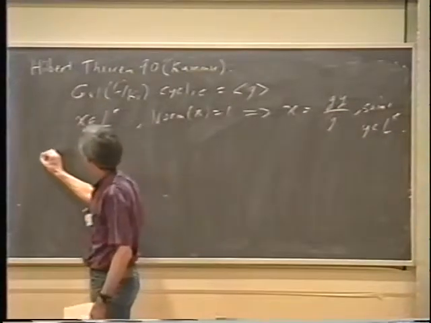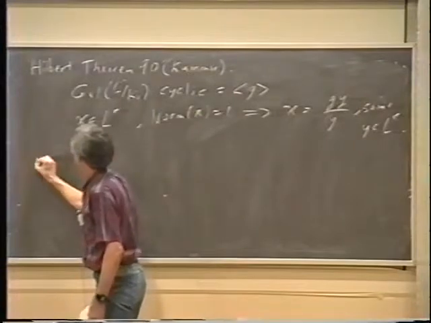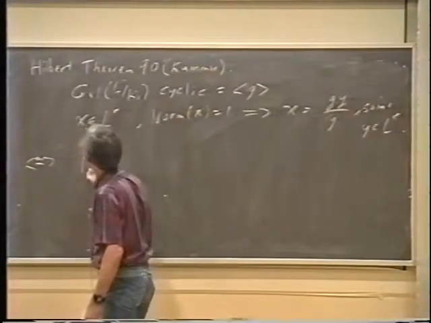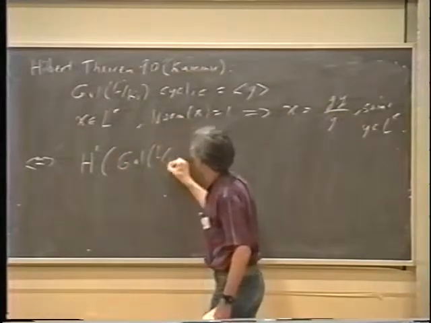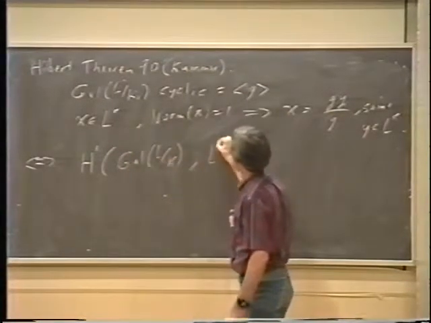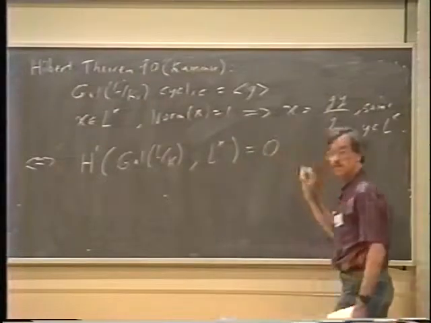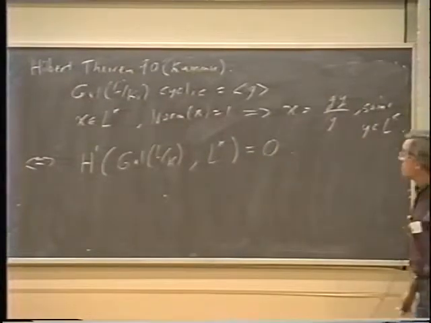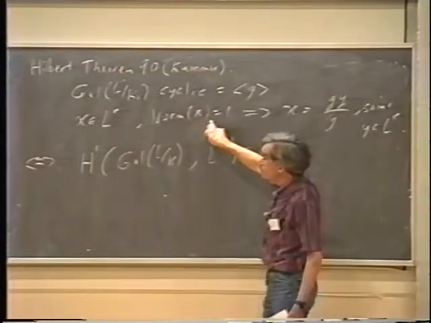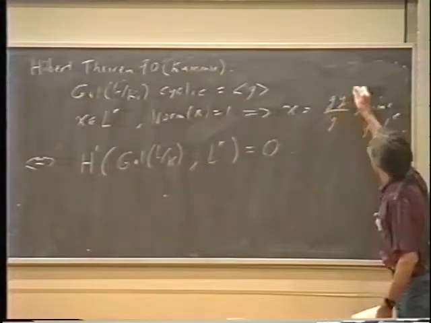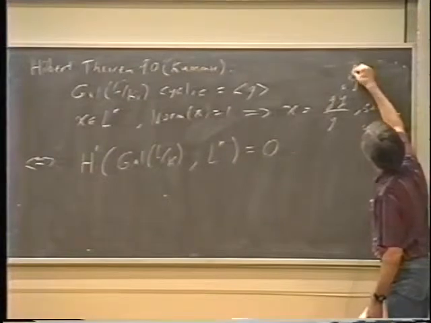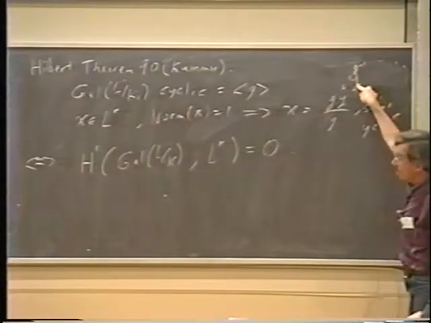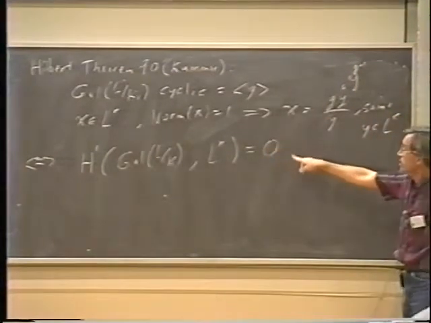What does this say? This is equivalent to just saying that H1 of our Galois group of L over K, with coefficients in L cross, is 0. Because it says anything in the kernel of the norm is of the form y to the g minus 1, I mean, g minus 1 acting on y, which is exactly what we're modding out.